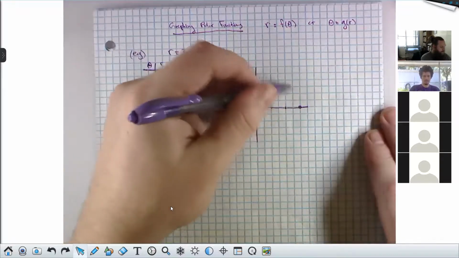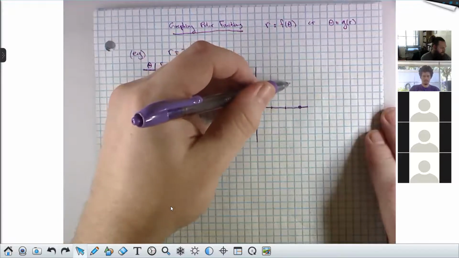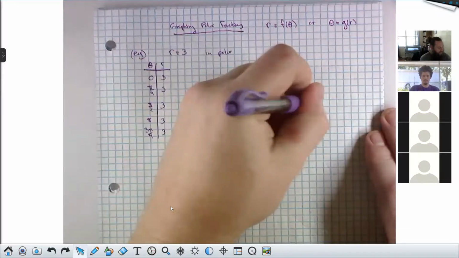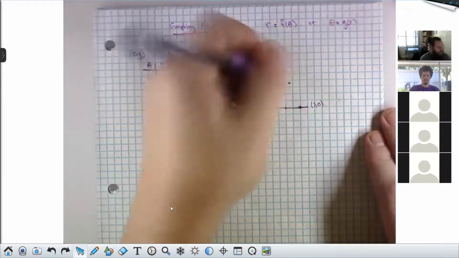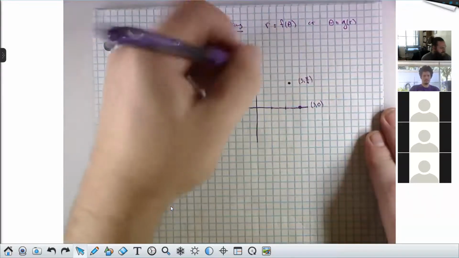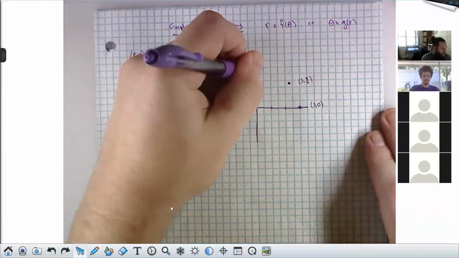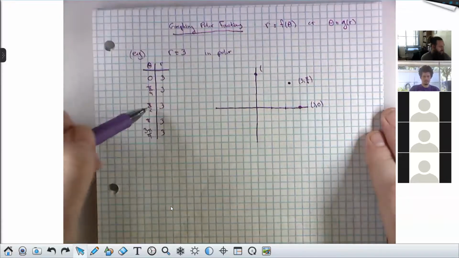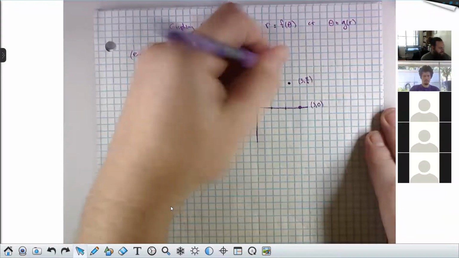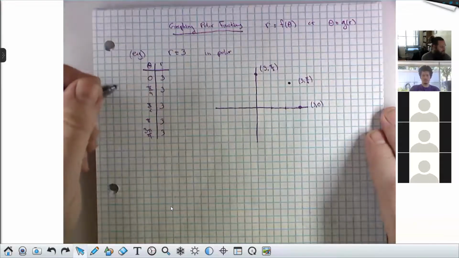The polar point with theta equal to pi over 4 and r equal to 3 would be right around here. We always list the r coordinate first. So this would really be 3, 0. This would be 3, pi over 4. The polar point where theta is pi over 2 and r is 3 would be up here, 3, pi over 2. You can kind of already see what's happening.